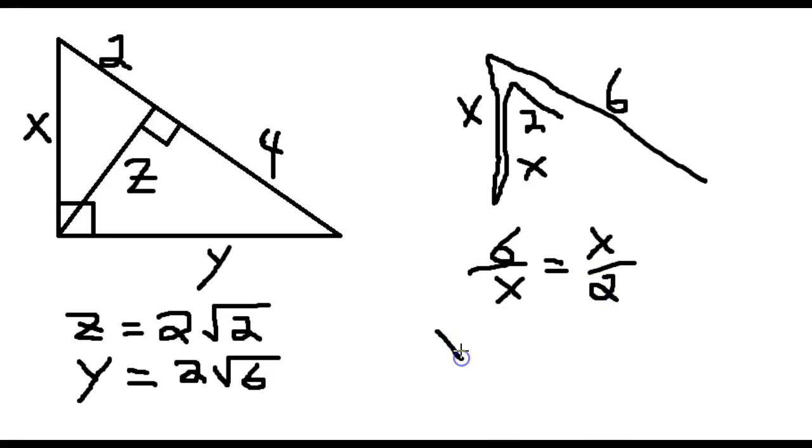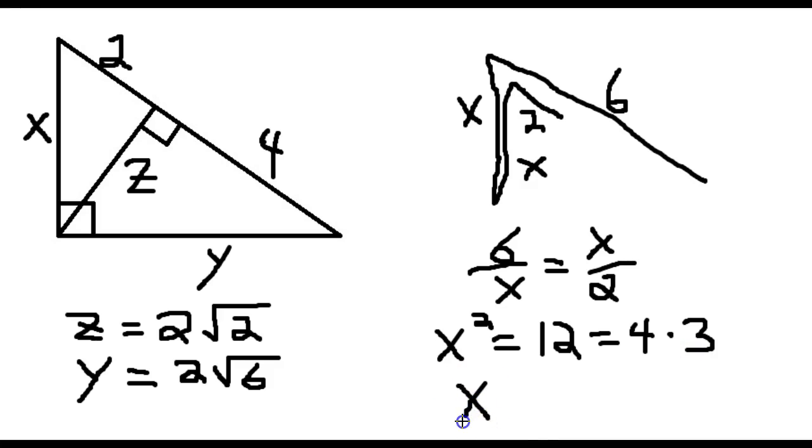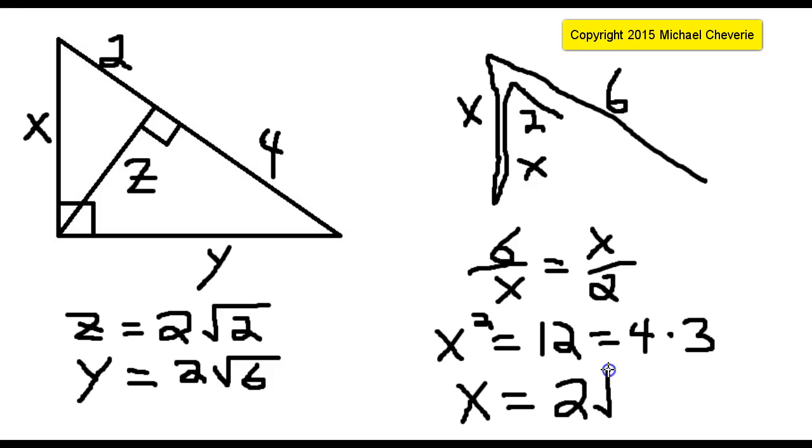Cross multiply and you get x squared is equal to 6 times 2, which is 12, which can be factored into 4 times 3. And so that means that x is equal to 2 times the square root of 3.